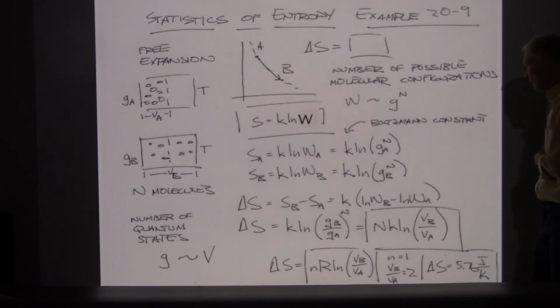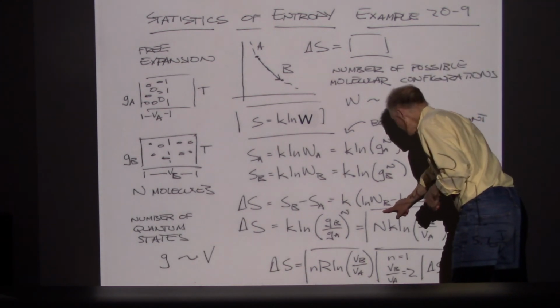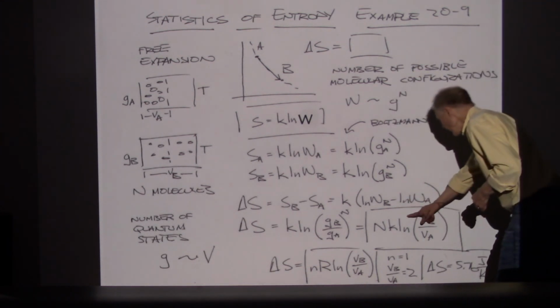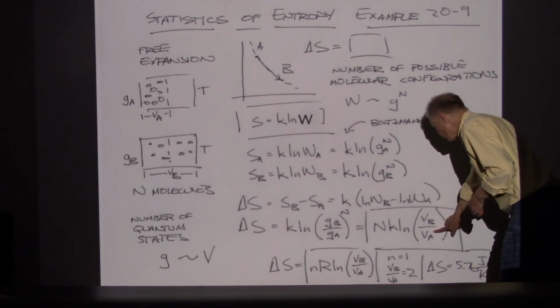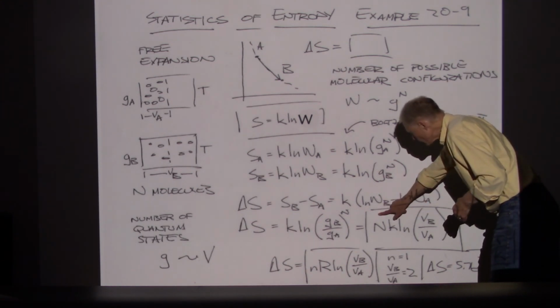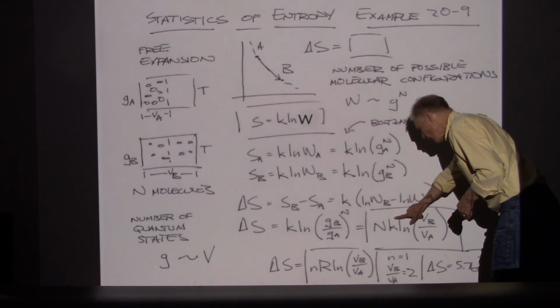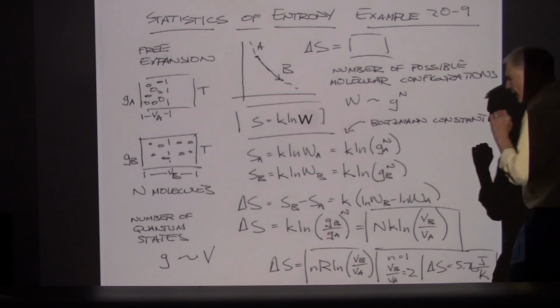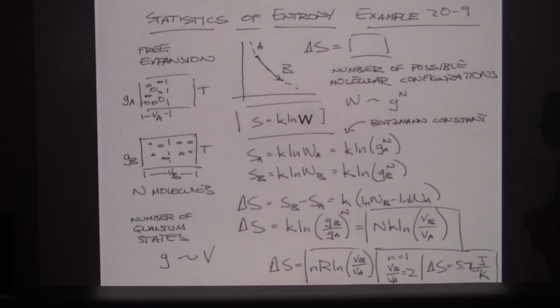And it says that the delta S, based purely on statistics, gives us n times k ln of V_B over V_A. Now, the number of molecules times Boltzmann's constant is the same thing as the number of moles times big R, the gas constant. And that says, oh yeah, that's the same formula.